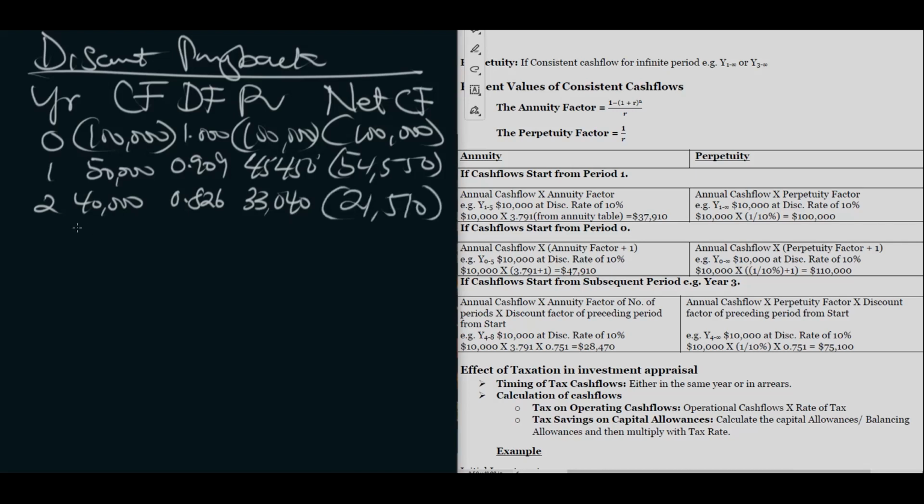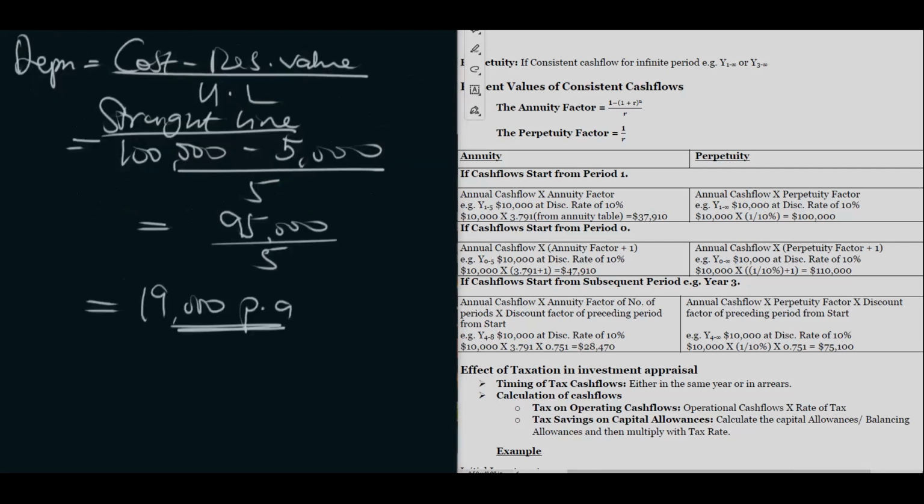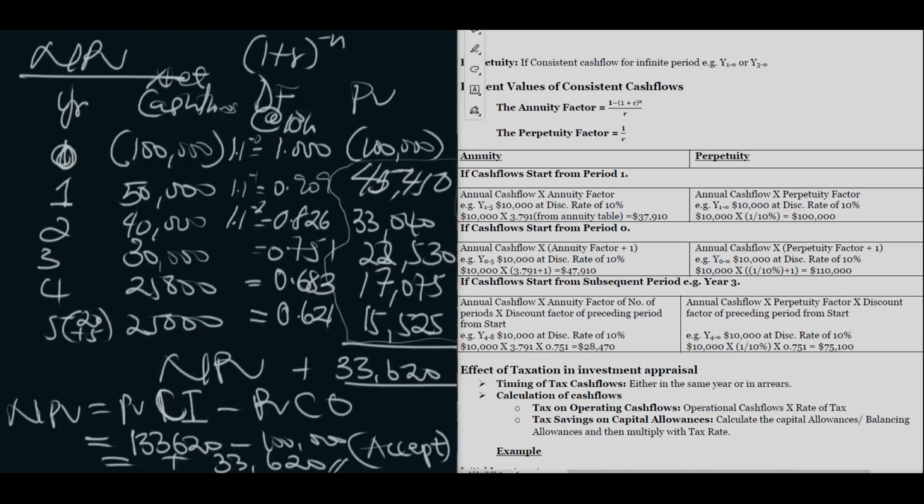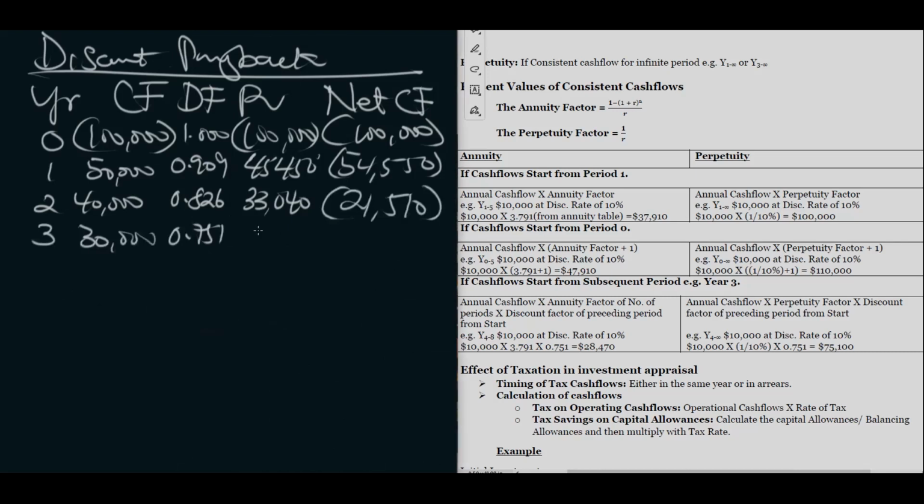The next year we receive 30,000. This 30,000 is in 3 years. We want the value today. So 0.751. And when we go back, the figure that we got for this was 22,530. Now 22,530 can pay 21,510, right?